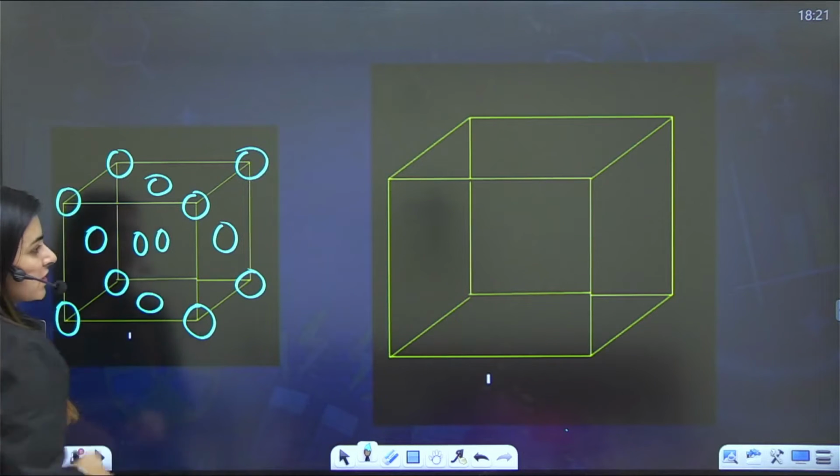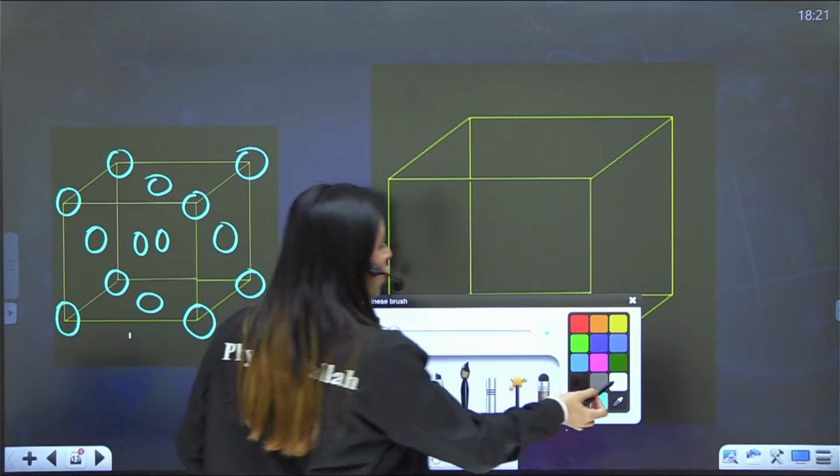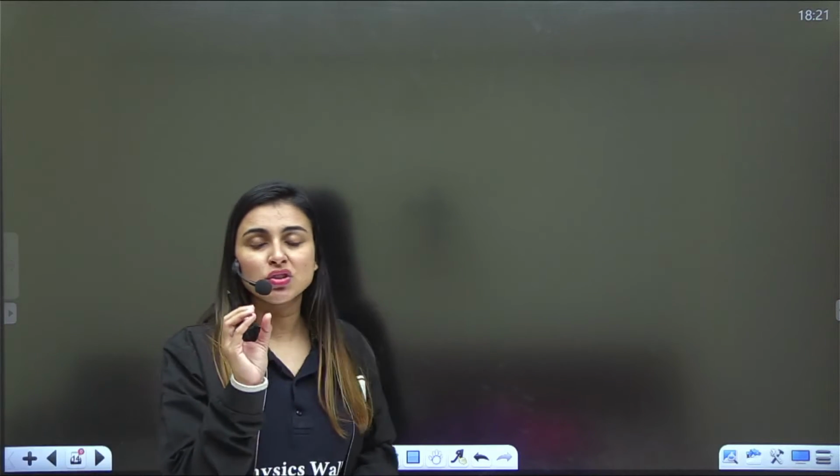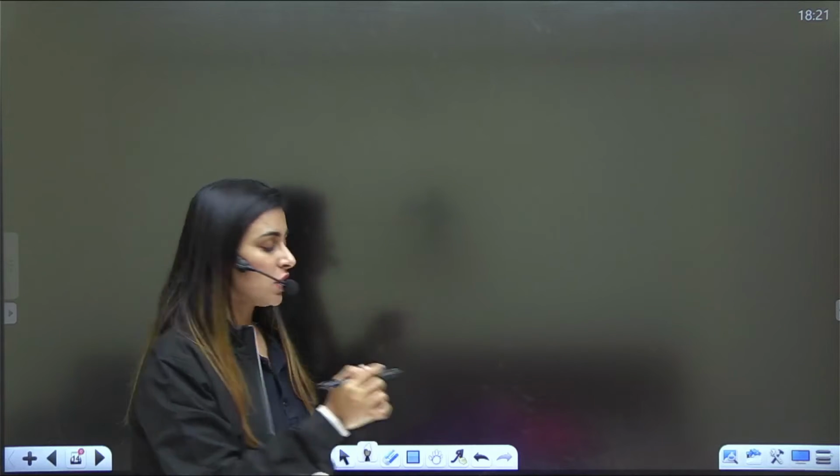This is my FCC structure. Now for imagining a tetrahedral void, my dear students, you need to imagine an imaginary cube. Let me just draw an imaginary cube and then you'll understand. So this is your cube.